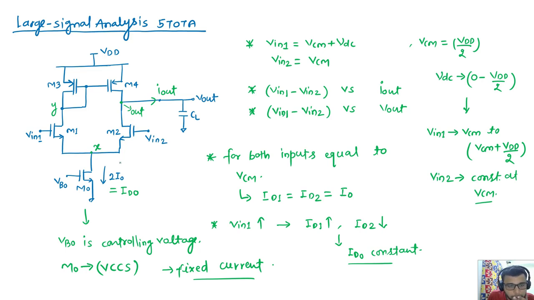So at one point the complete current will flow through this M1 side, hence the M2 side is completely off. So this output current is totally the current 2 I naught, which is ID naught, completely flowing through this side M1, M3 and M4. So M2 is totally off. We will see how it will happen.